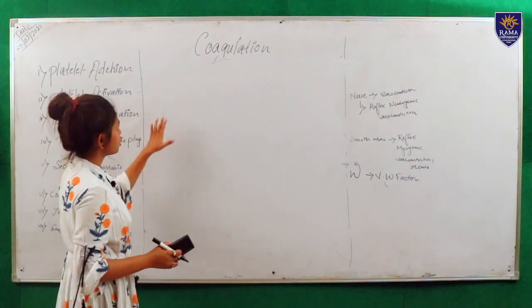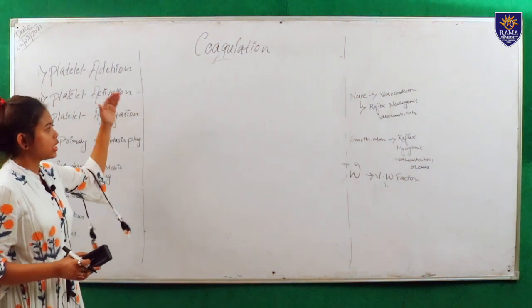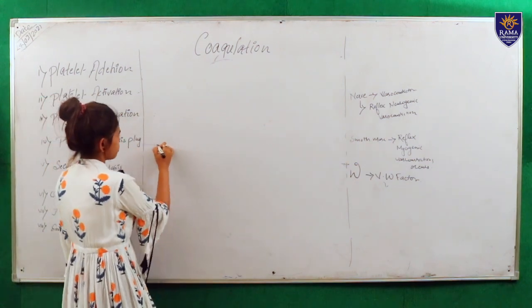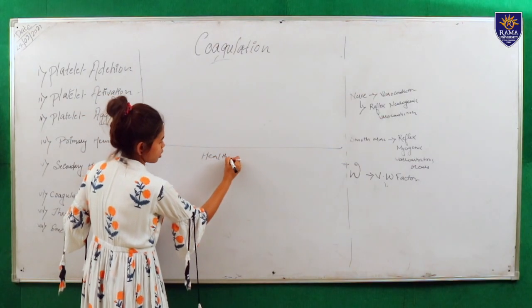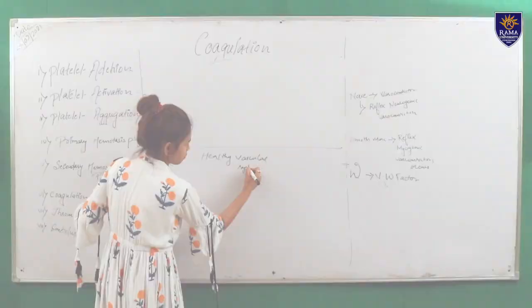Before starting coagulation, I'll show you how this process works in an injured system and a healthy vascular system. For example, this is a healthy vascular system.